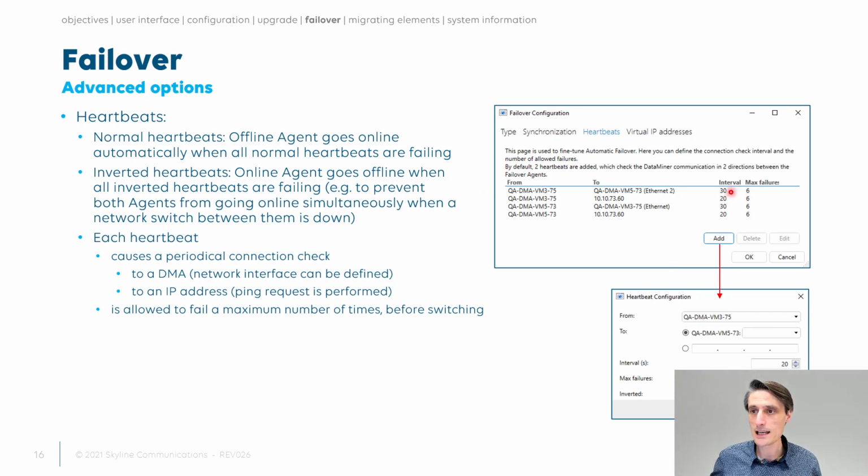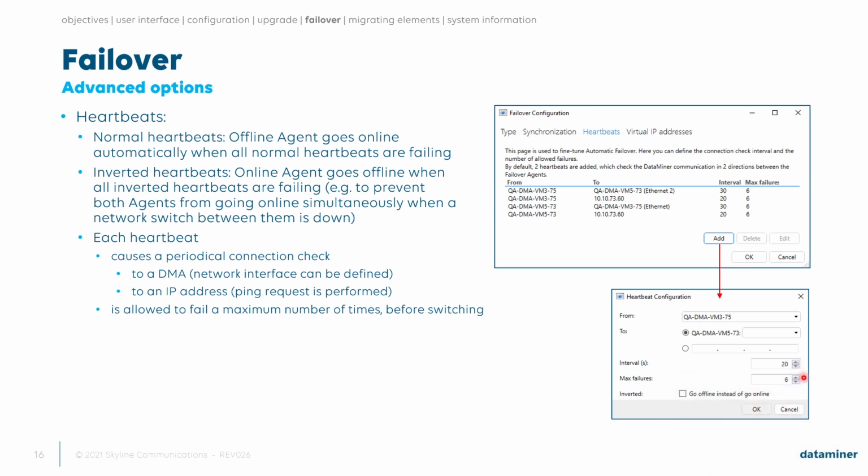And you can see next to that, you can also go into the edits and see that in the pop-up. Let me remove myself for a second again. So here you have the interval and the maximum failure. The interval is how many seconds, each 20 seconds it will do a verification, and there is a maximum failure of 6.